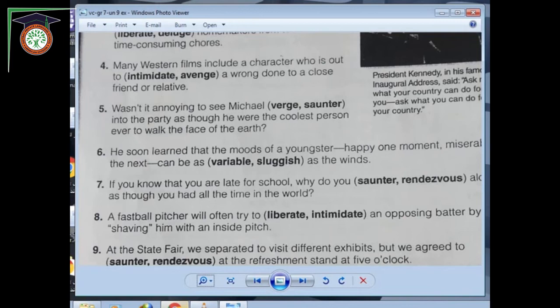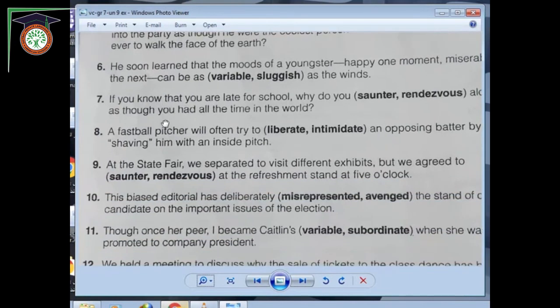Happy one time, sad another time, changeable. So the word is variable. He soon learned that the moods of a youngster, happy one moment, miserable the next, can be as variable as the winds. Yes, this is logical and reasonable.